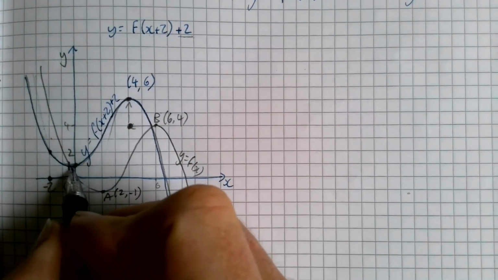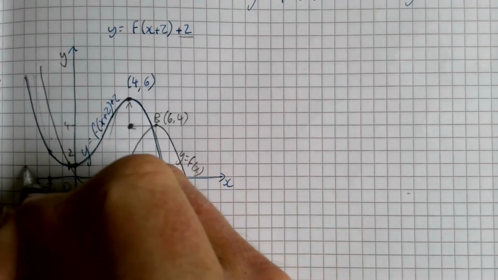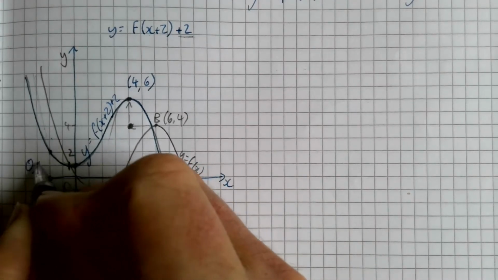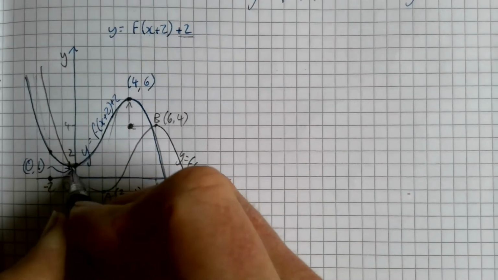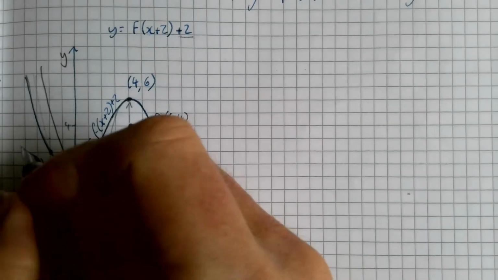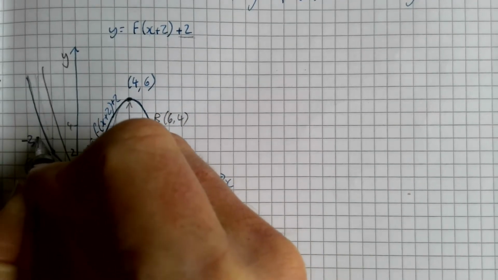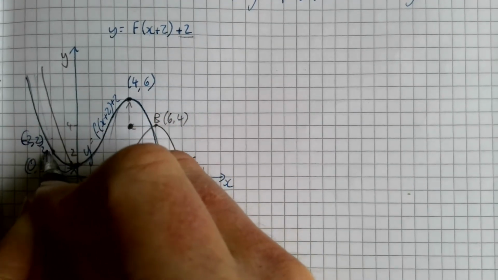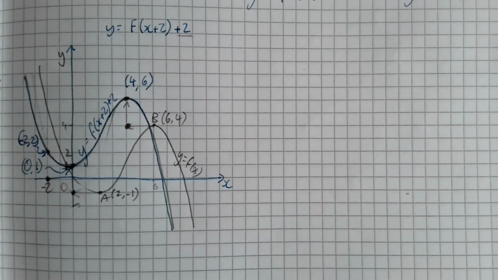I just need to clearly label this point here as well, so that is 0, 1 as that other low point there, and I do know that that point there is negative 2, 2, so it's good to label that one too.